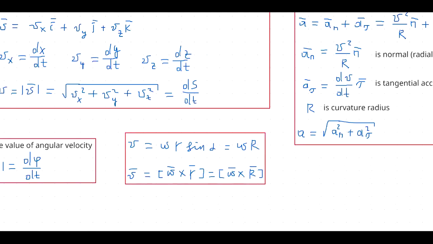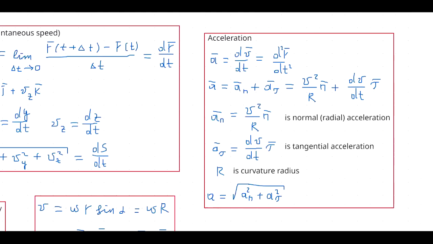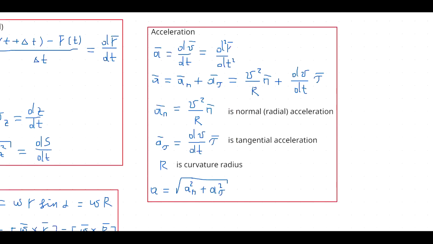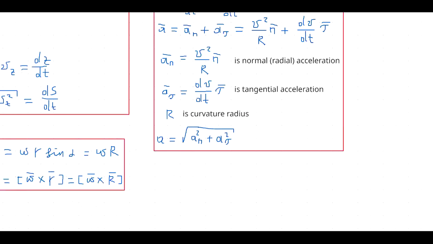Okay, as you can remember, we have a few formulas to define acceleration, and we can use this here to define the acceleration of any point of a perfectly rigid body. How to do this?